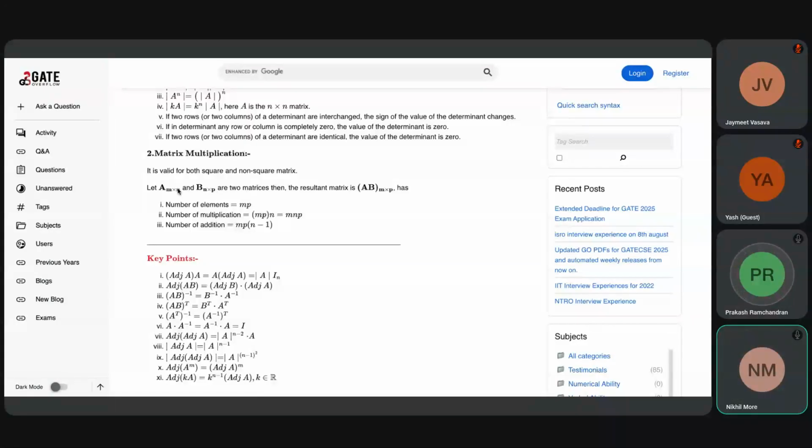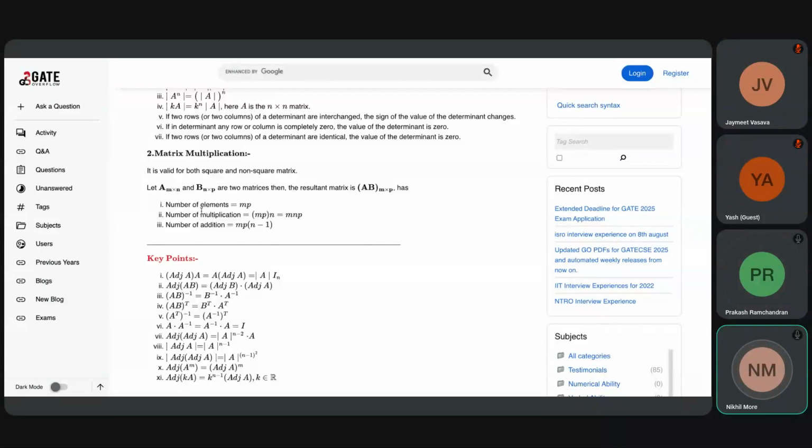So the number of columns of the first matrix and the number of rows in the second matrix must always be equal. If they are equal, then only we can perform the multiplication operation on the matrices. So if we take A as an m by n matrix and B as an n by p matrix, and we multiply them, then the resultant matrix will always be of the order m by p.